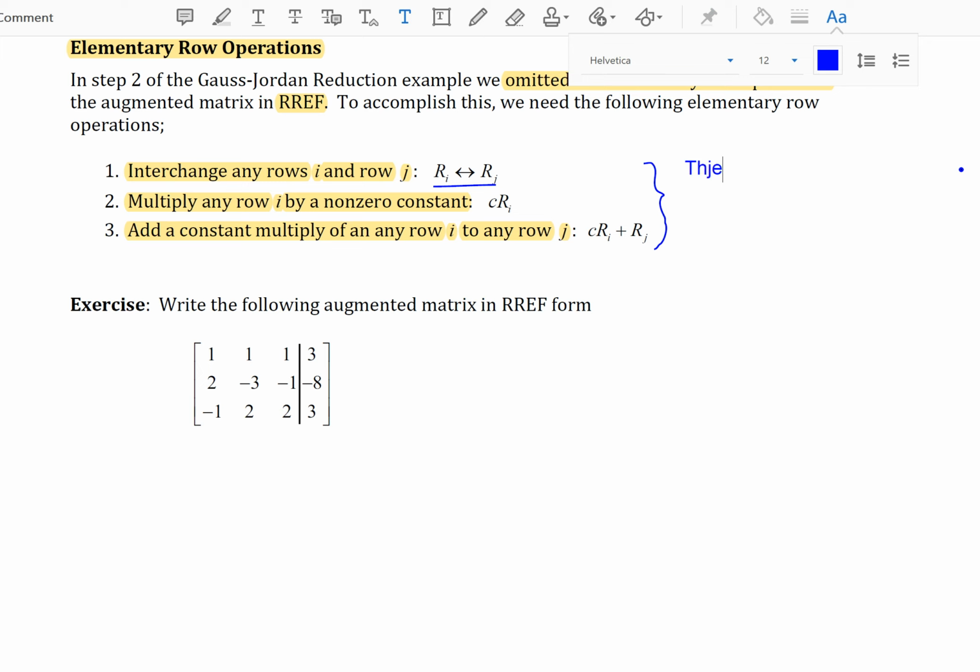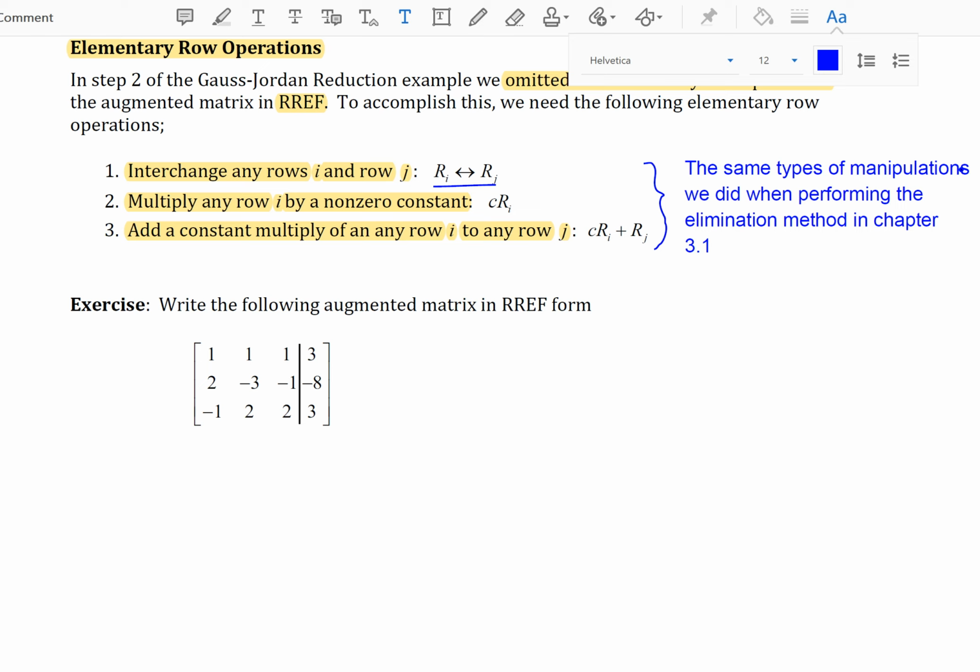These are the same types of calculations or manipulations we did when performing the elimination method in chapter 3.1.